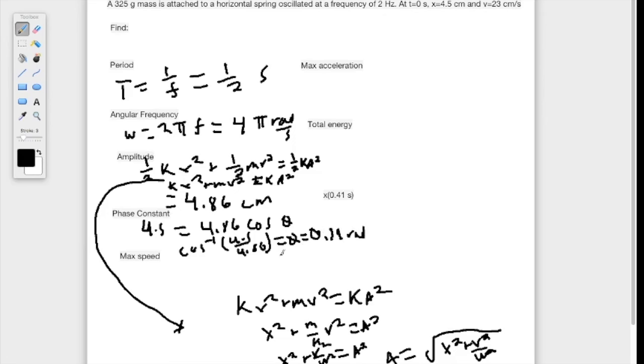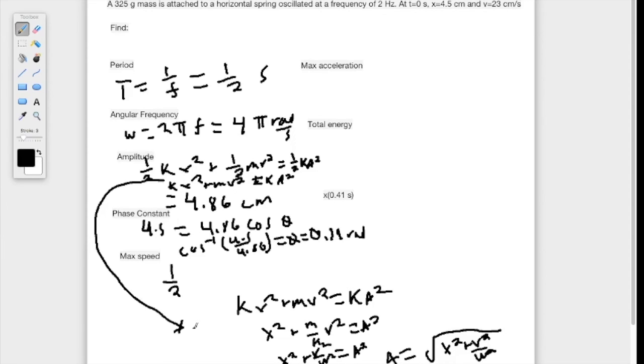Alright, and then the max speed we can figure out using conservation of energy again. So I'm going to use the point where it's at max potential and max kinetic. It's up to you if you want to do the sum of the energies at time equals 0 and set that equal to the max kinetic. That's perfectly fine, but I think it's a lot easier if we just work with less variables.